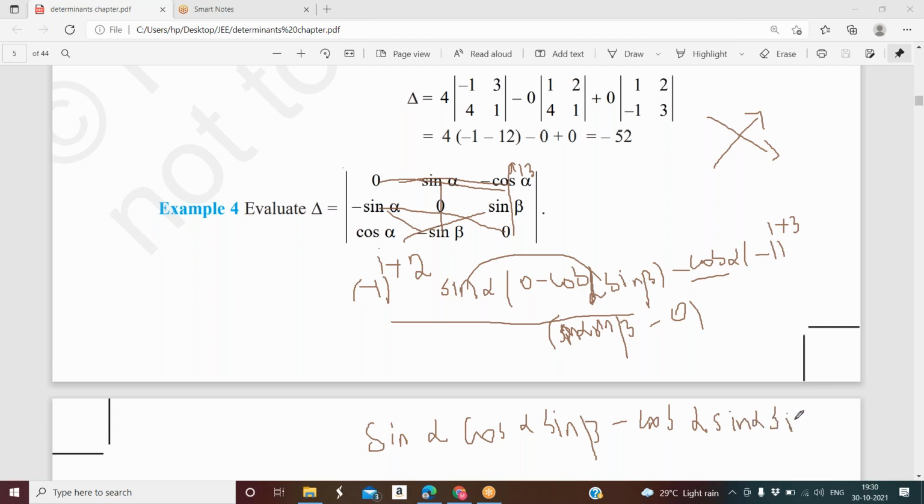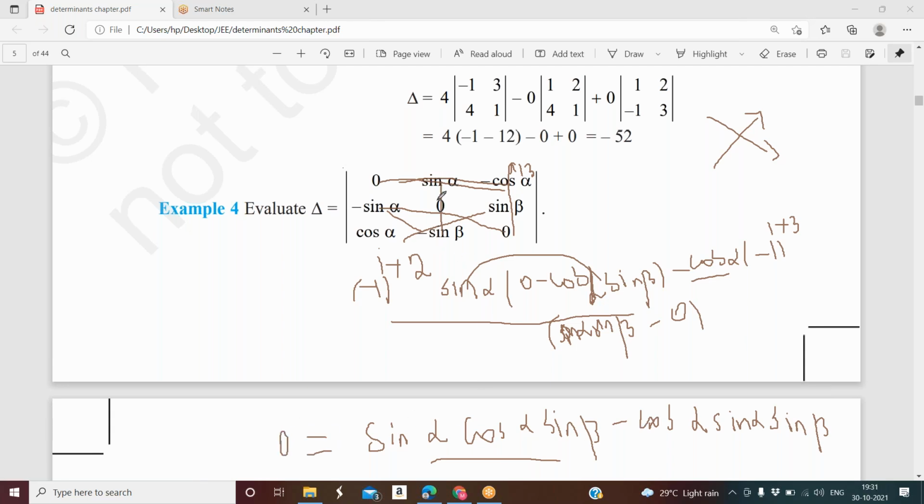If you multiply this cos alpha with 0, you will be getting 0. So this is the final answer: sin alpha cos alpha sin beta minus sin alpha cos alpha sin beta. So it is 0, right? Since both are the same, this is 0.